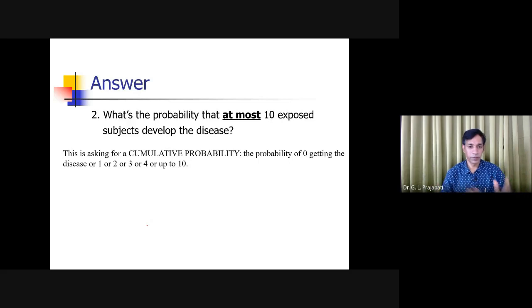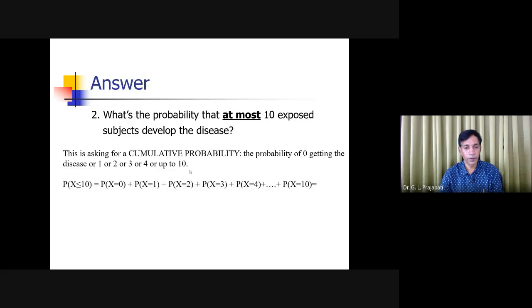At most 10. So this is asking for a cumulative probability. Probability means you have to add the probability of zero getting the disease, which means no one has the disease, or 1 or 2 or 3 or 4, up to 10. So how can you do this? You just use the formula, and the probability that at most 10 exposed subjects develop the disease is like this.